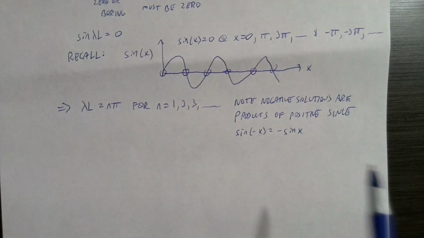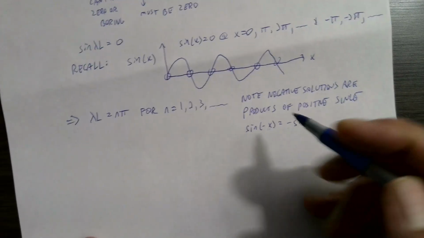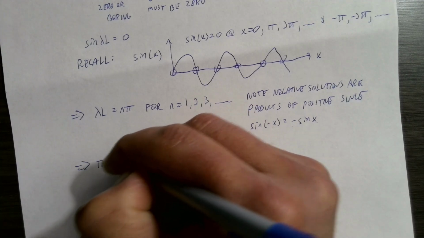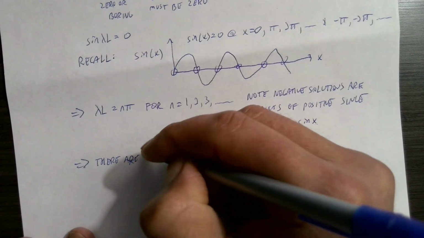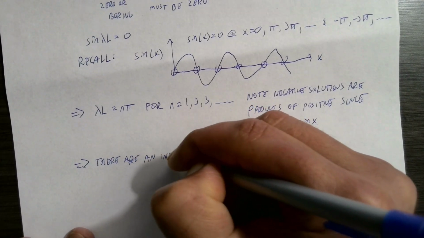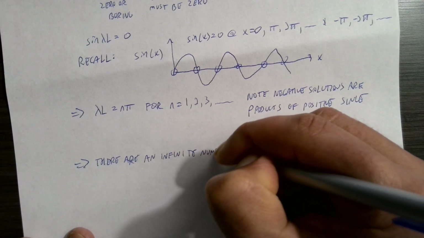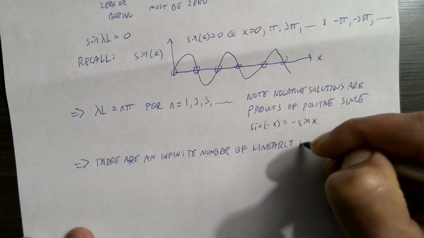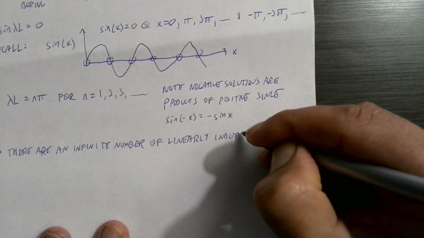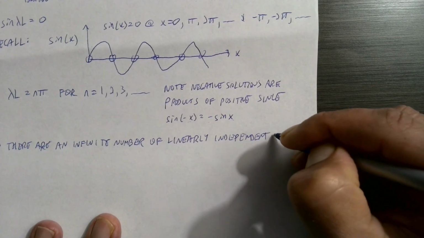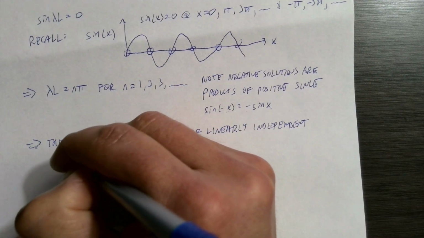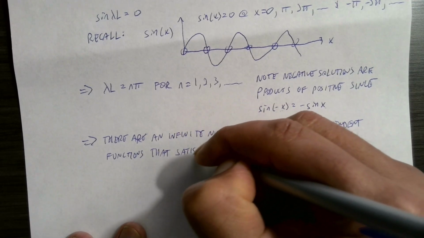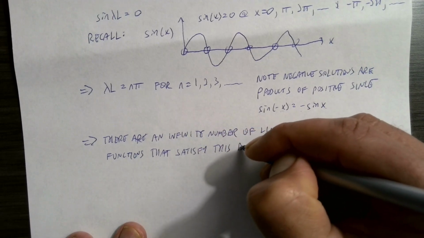So this makes things very tricky because it turns out that there are, so therefore there are an infinite number of linearly independent functions that satisfy this boundary condition.